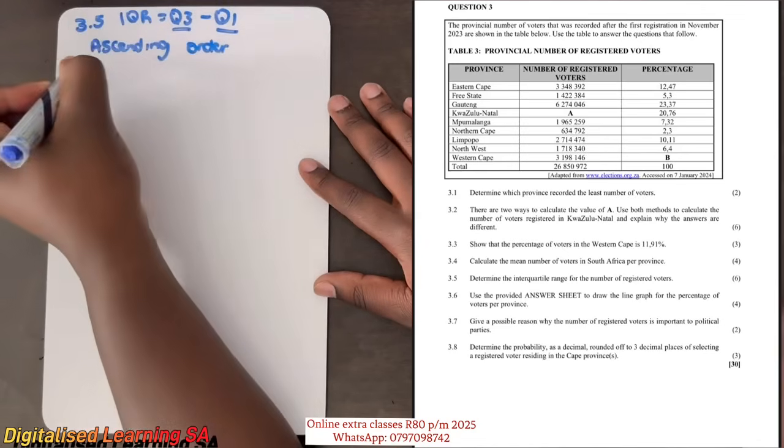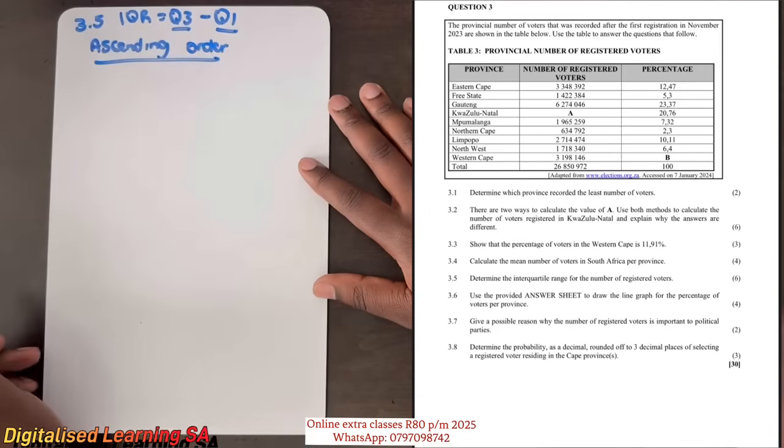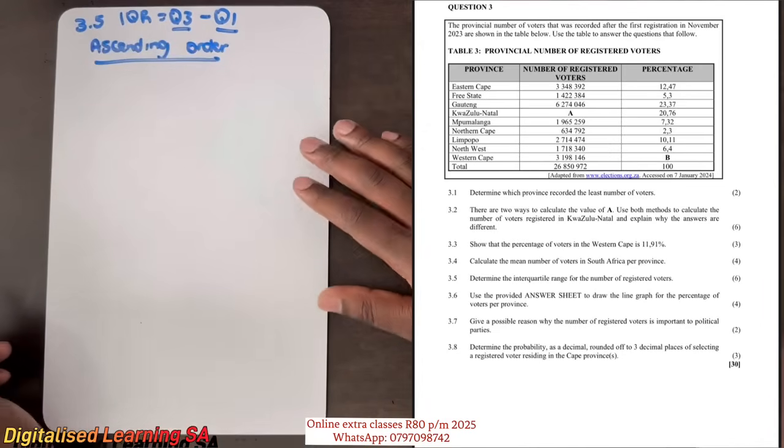What does ascending order mean? It means from lowest to highest.